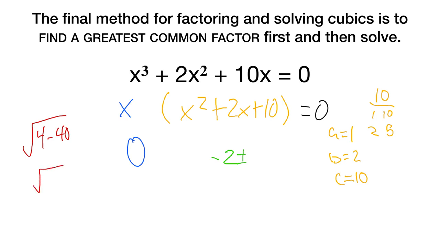That means the square root of negative 36, which is 6i. All over 2 times 1, which is 2, meaning our final answer is negative 3 plus or minus, sorry, not negative 3, negative 1 plus or minus 3i.